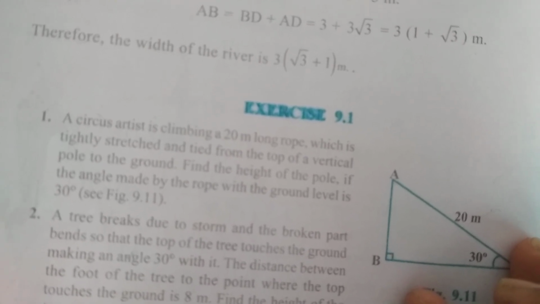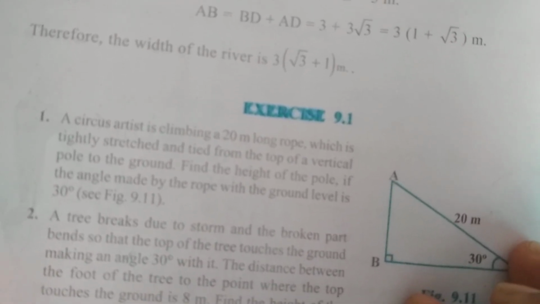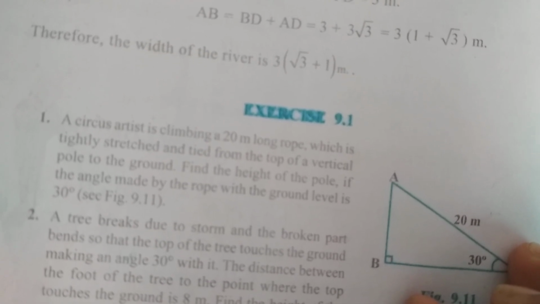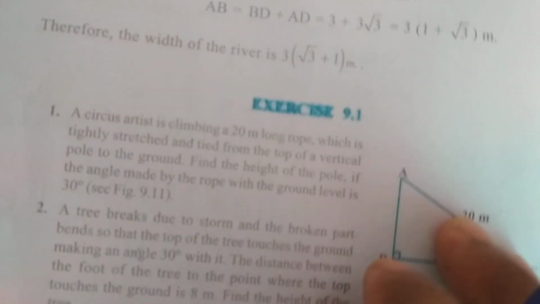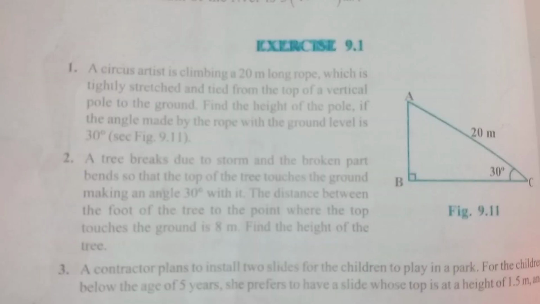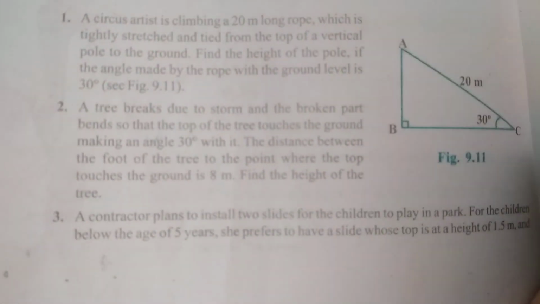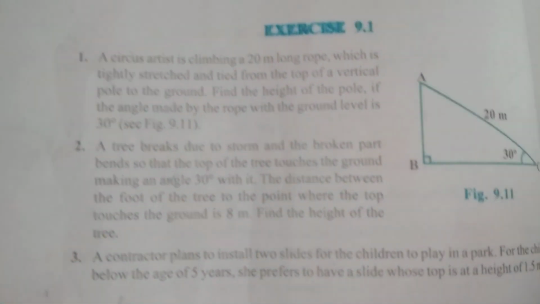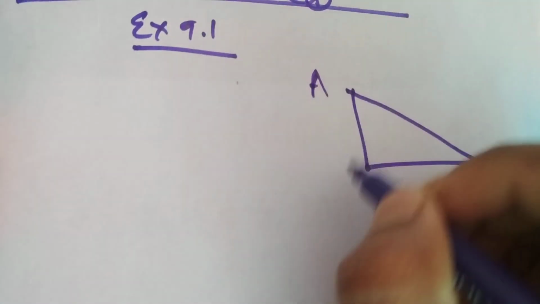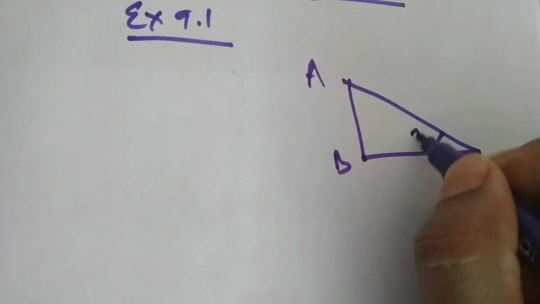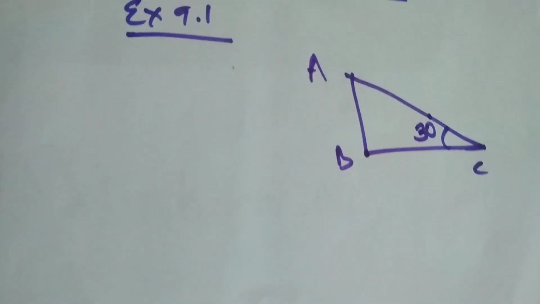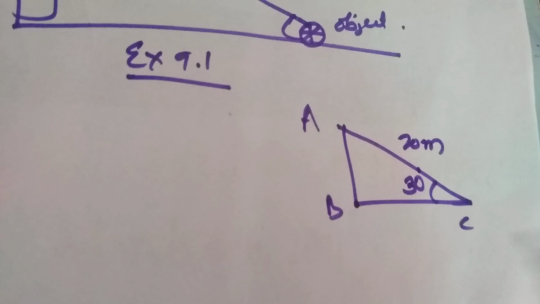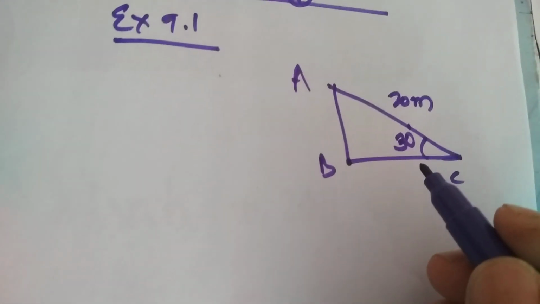Find the height of the pole if the angle made by the rope with the ground level is 30 degrees. The diagram is already given, A, B, C. Very easy concept. This is the 30 degree angle, and we have 20 meters.